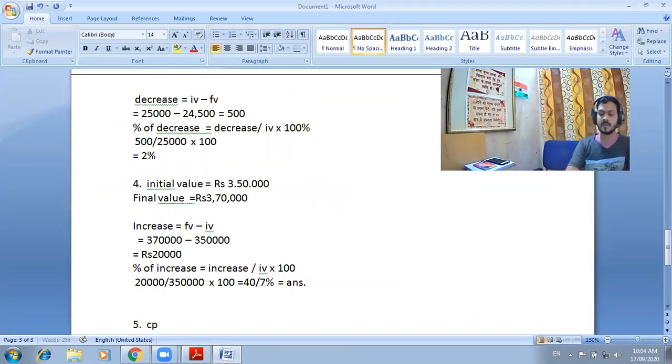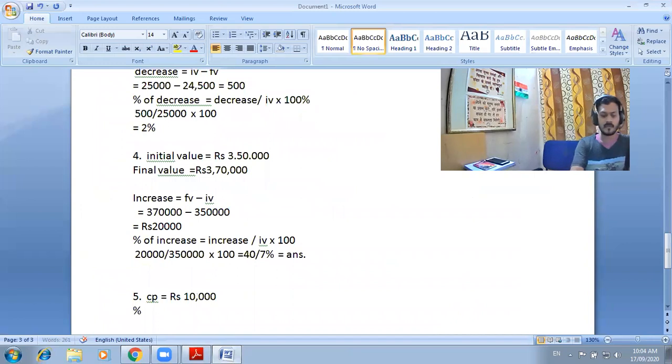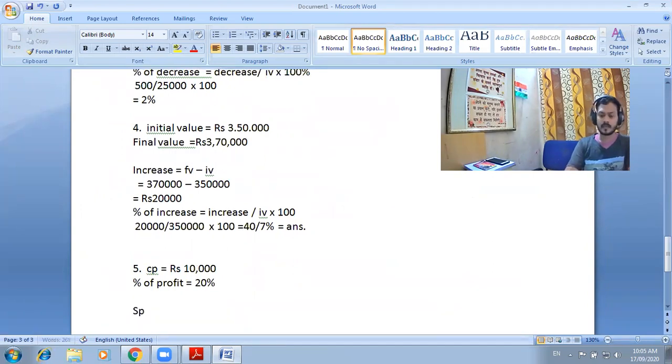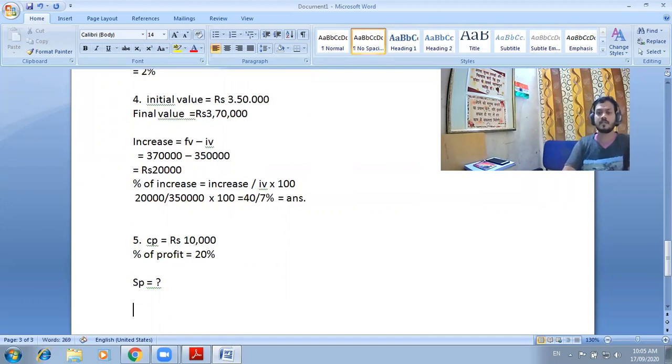So CP equals rupees 10,000, and the percentage of profit is given: percentage of profit equals 20%. We need to calculate the selling price, the amount at which I sold the TV. What is the formula for percentage of profit?